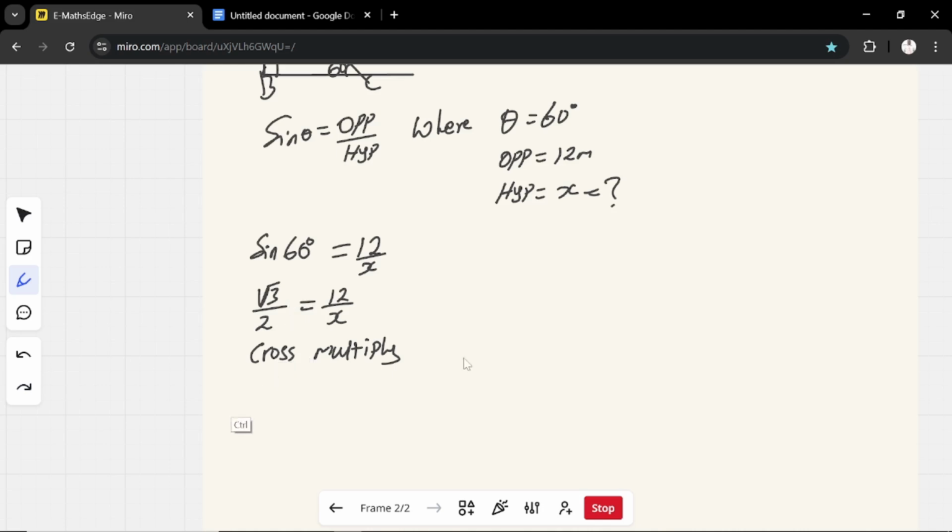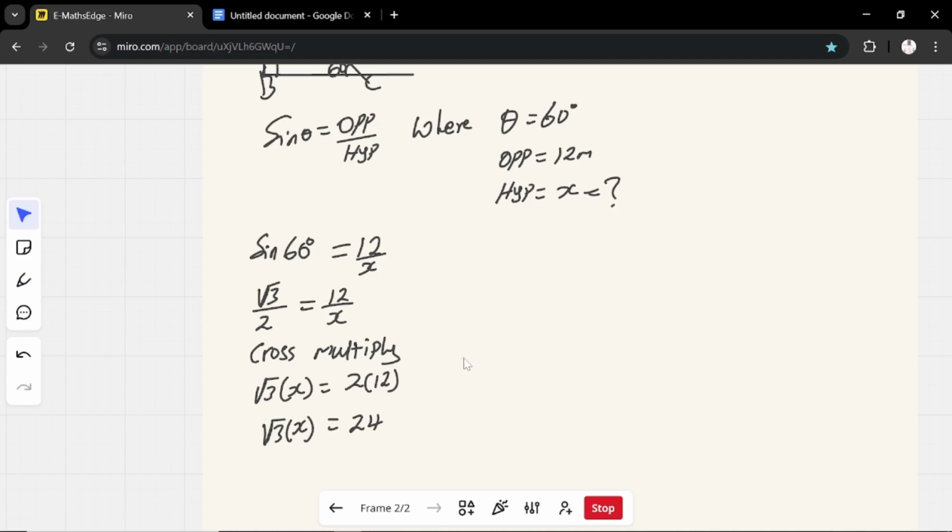So we are going to have the root of 3 multiplied by x equal to 2 multiplied by 12. This is the same thing as the root of 3 times x equal to 2 multiplied by 12, which is 24, right?